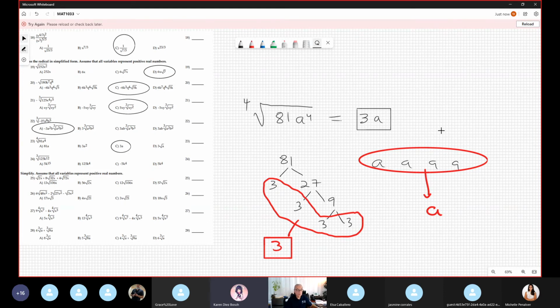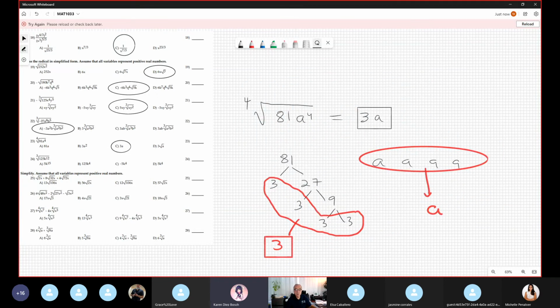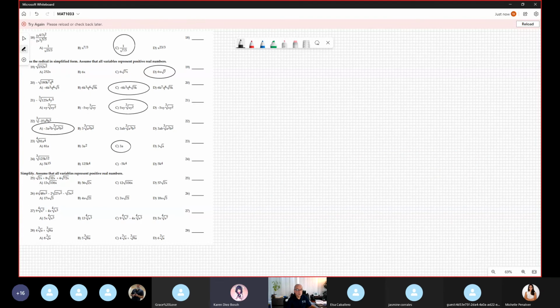Okay, the last one. The last one is super easy. It is the cubic root again of 125 k to the 12, not 13.